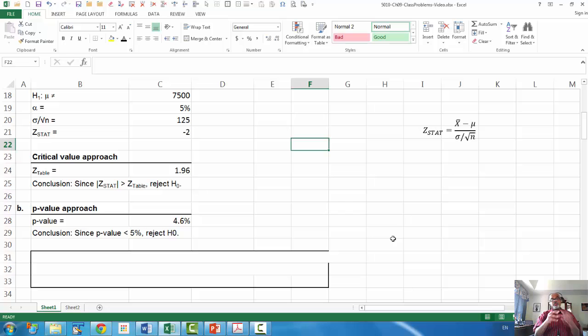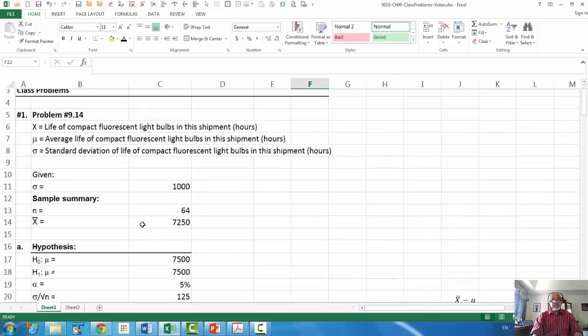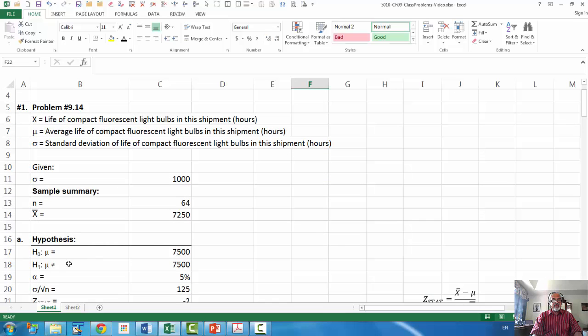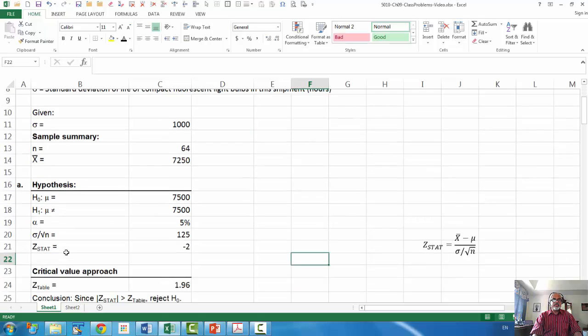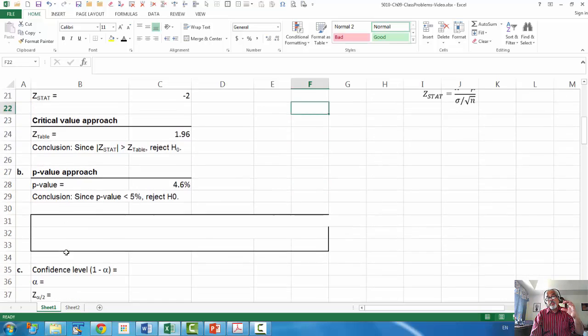So this means we have sufficient sample evidence to conclude that the mean life is not 7,500. So we are rejecting the null, going with the alternative. Once we have taken that stand, then you say the probability that we are wrong. I'm taking this stand, but I may be wrong, but that probability is really small.